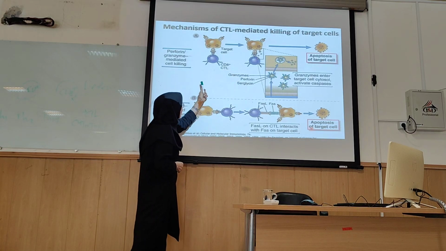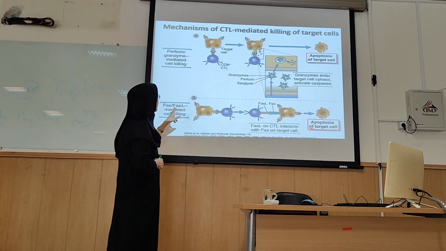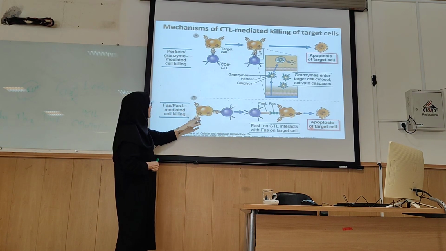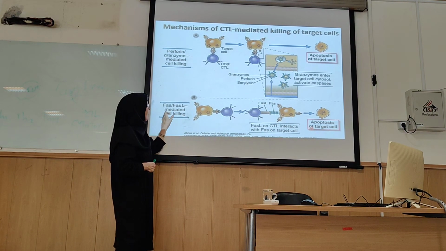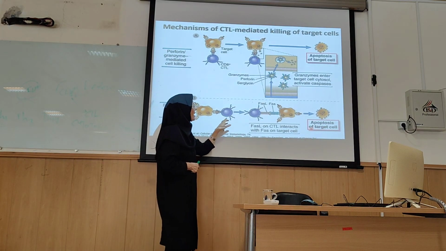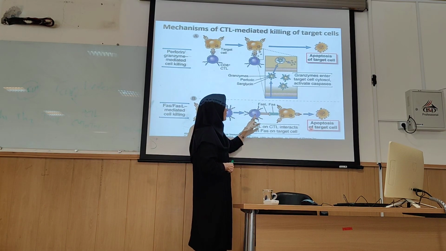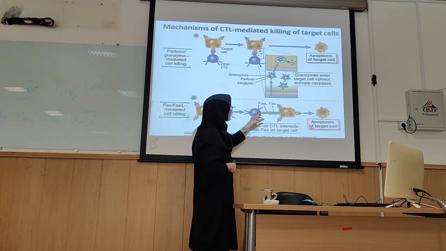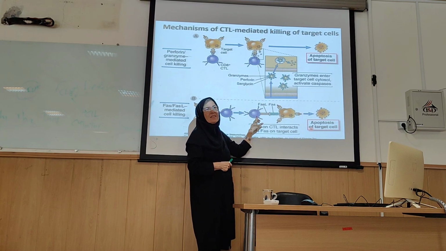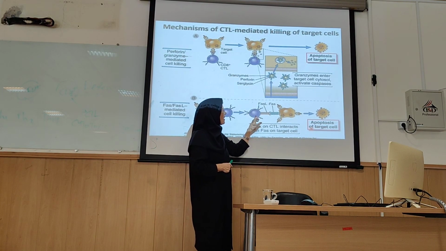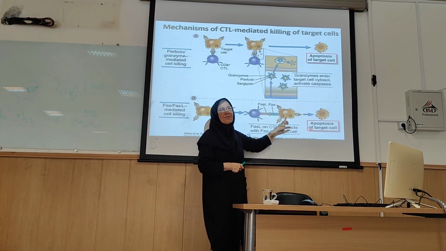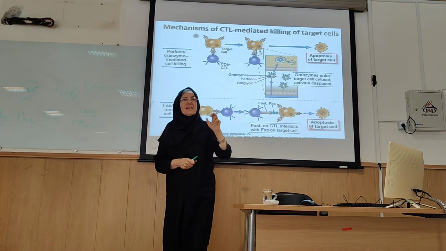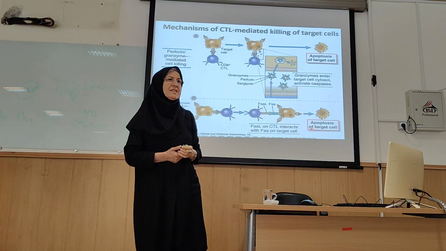And another mechanism of killing the target cell is Fas ligand binding. CD8 positive T cells, or CTLs, express Fas ligand on their surfaces. And what are the target cells for CTLs?